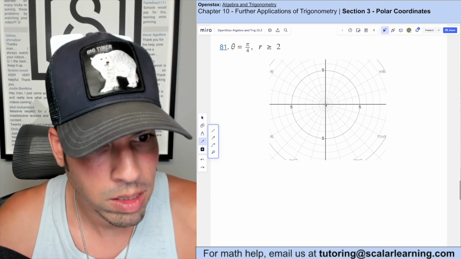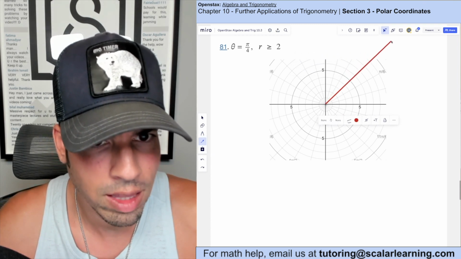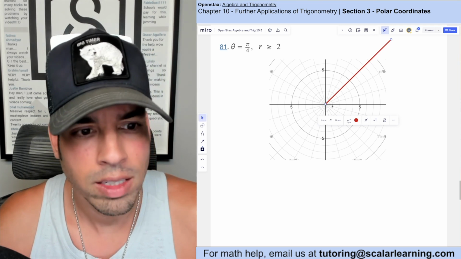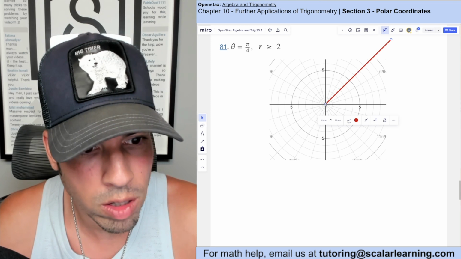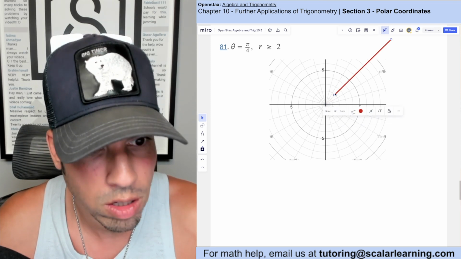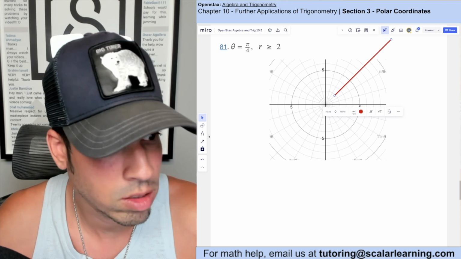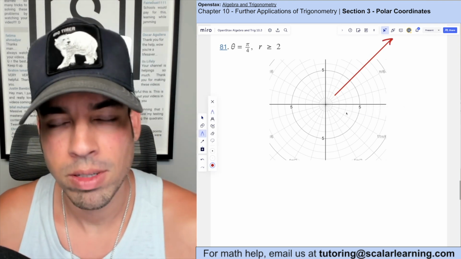Pi fourths is basically 45 degrees. It's right down the middle. So it's up here like this. If theta equals pi fourths, it's this line, but only when r is greater than or equal to 2. So starting here would be the line, and then it's going to go in this direction. So that's how you graph it.